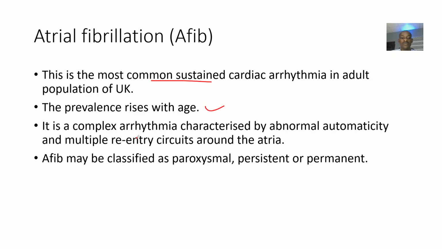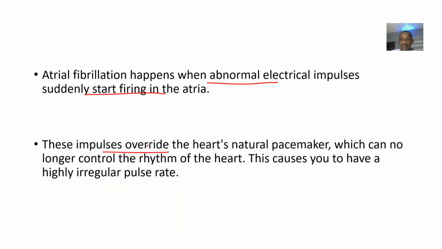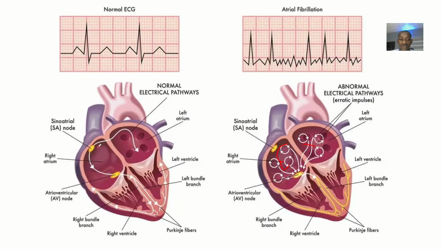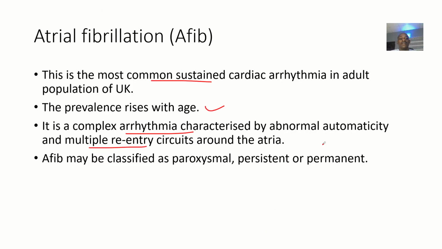It's a complex arrhythmia characterized by abnormal automaticity and multiple re-entry circuits around the atrium, because normally the pulse should be conducted in one direction. But if you have pulse re-entry, can you see these cycles? Those arrows going in cycles show that the pulse, when conducted, still comes back. That's what causes atrial fibrillation.